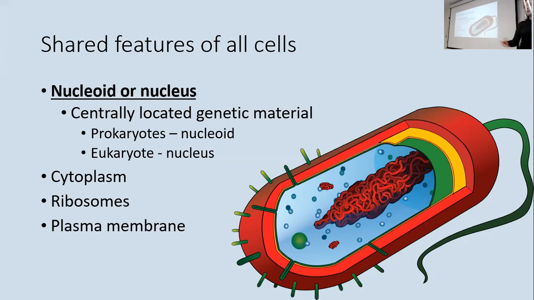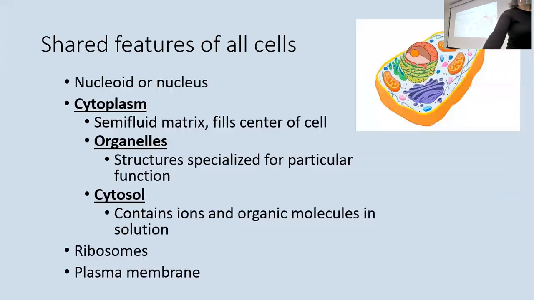In eukaryotes, like us, we have a nucleus. We'll talk about the nucleus later on, but it's just a membrane-bound organelle that holds the DNA. So even if you don't have a true nucleus, you still have all your DNA bunched up together in some place. All cells have either a nucleoid or a nucleus.